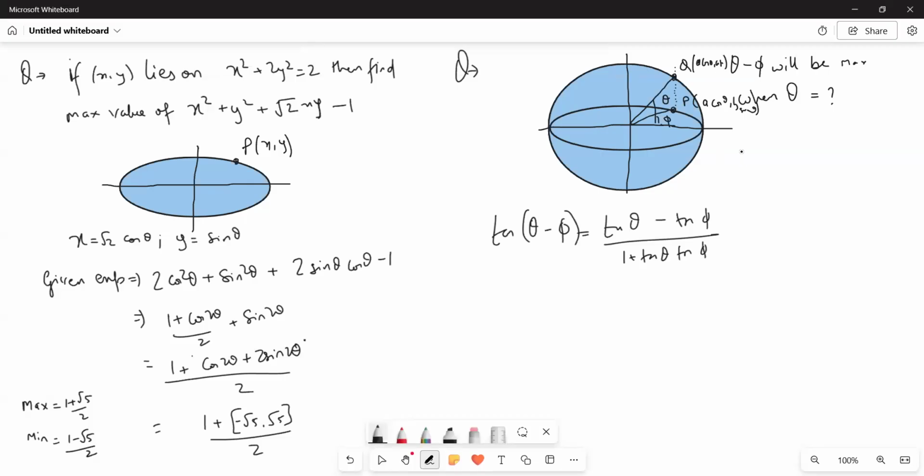ठीक है? So what would be the slope of, or rather, what would be tan phi? B by A tan theta. Tan phi का value आ जाएगा B sin theta by A cos theta, और tan theta का value तो tan theta ही होगा, there's nothing to do in that. तो बस अब plug in करके simplify कर लो.